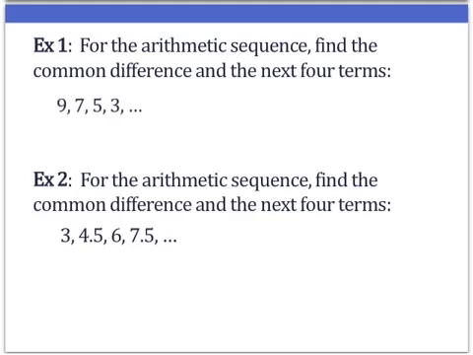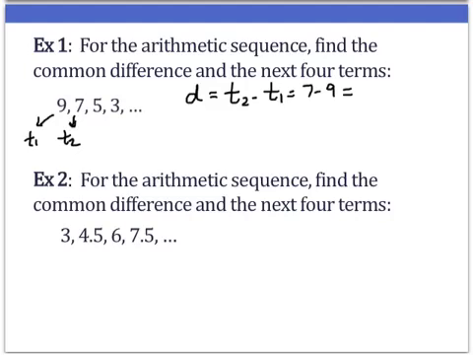Now we have two examples. Example 1: for the arithmetic sequence below, we have 9, 7, 5, and 3. We want to find the common difference and the next four terms. We've got T1 through T4, and we're going to find the difference. This 9 is T1, 7 is T2, so we subtract those two terms: 7 minus 9.